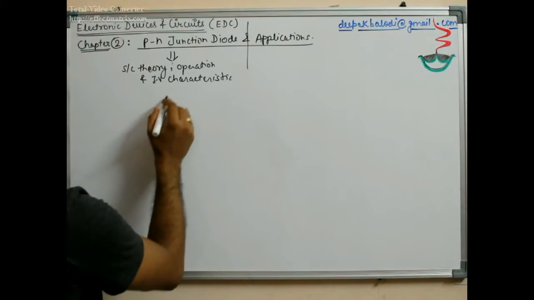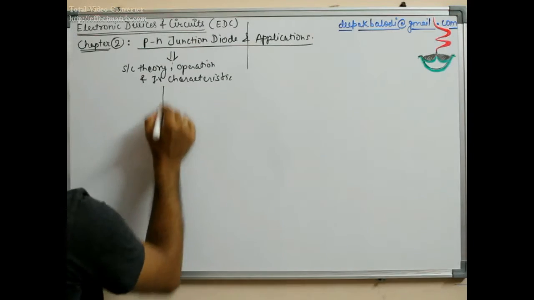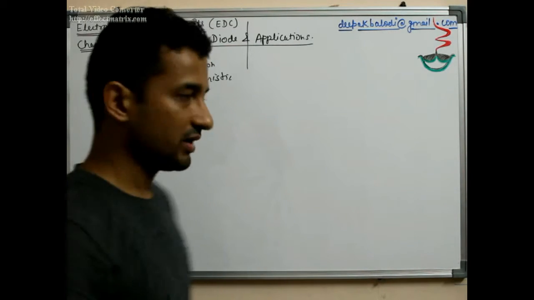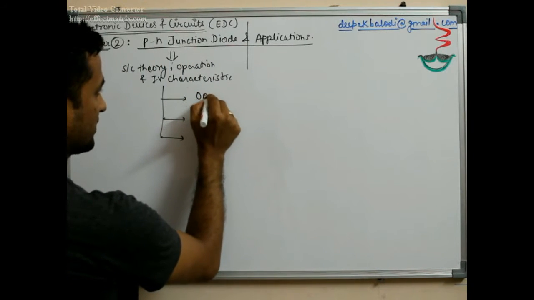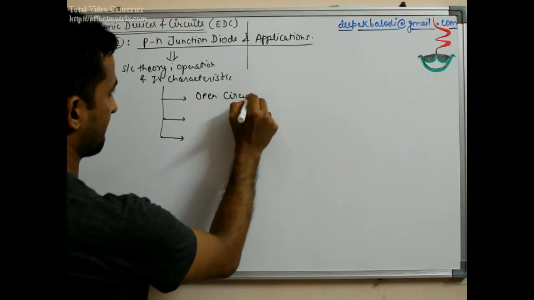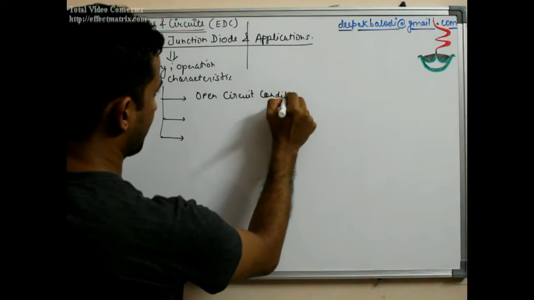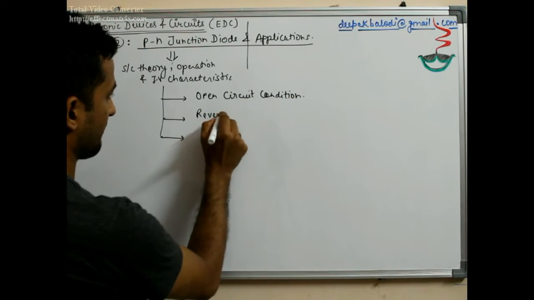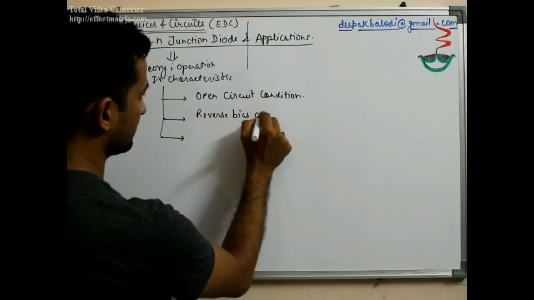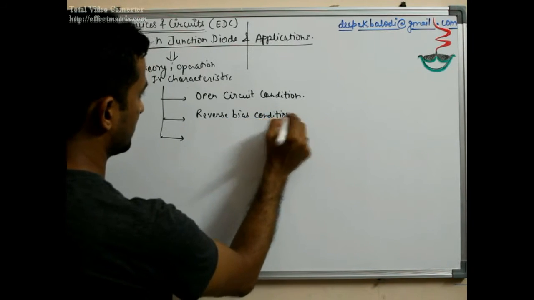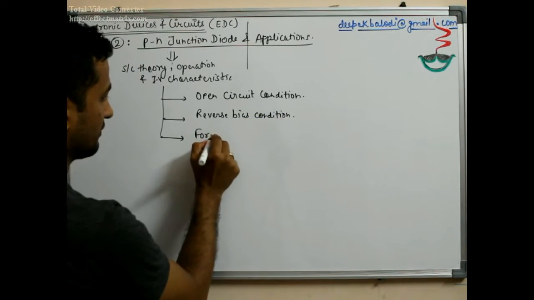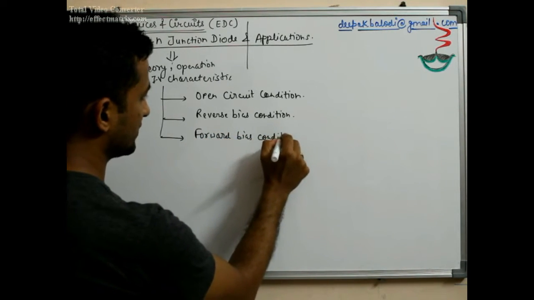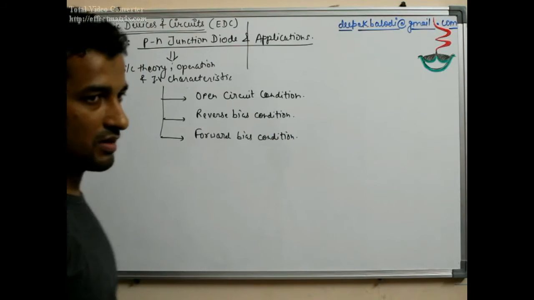And application, as the name itself indicates, we'll be looking at various applications. So in this part, I'll mainly divide the diode into three forms. One, the open circuit condition. Then reverse bias condition. And third is forward bias condition.